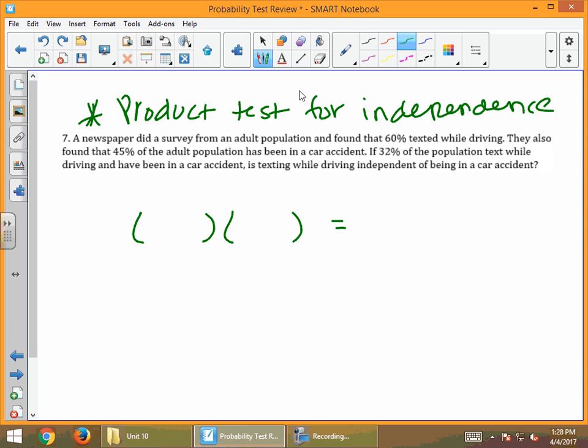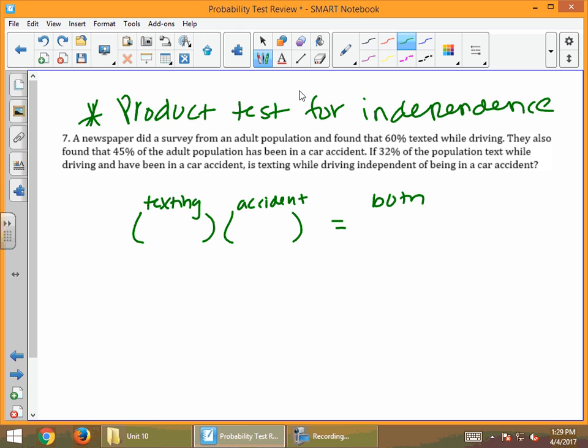What two things are we dealing with? Good. Texting, and what's the second thing? Car accident. So we have to find the probability of just texting. We have to find the probability of just being in an accident. And if they're independent of each other, it should equal the probability of both, texting while driving and getting in a car accident.